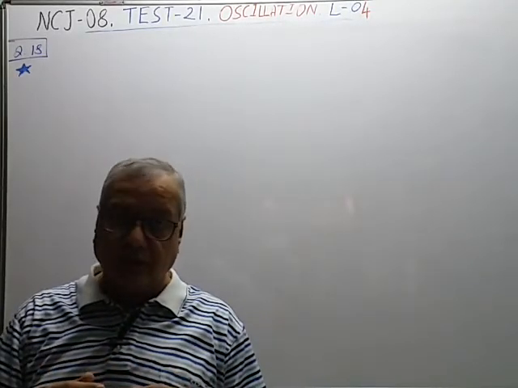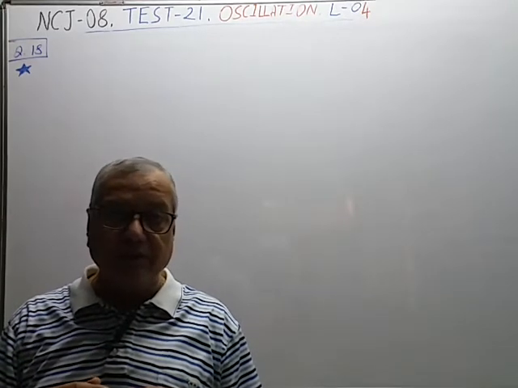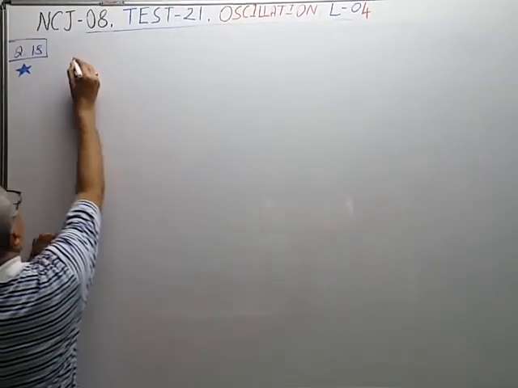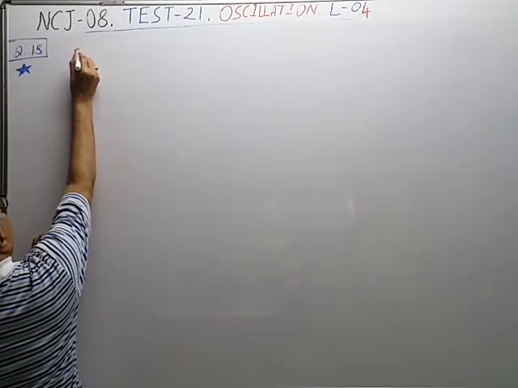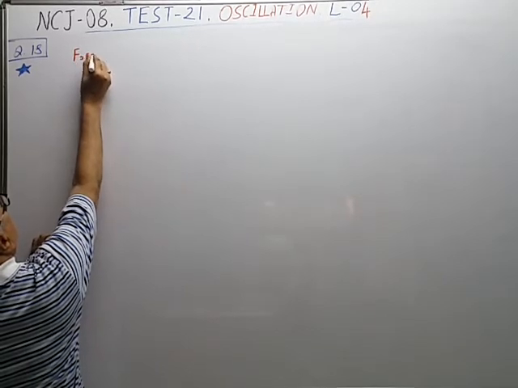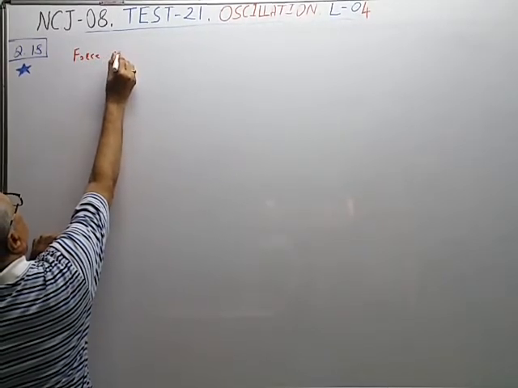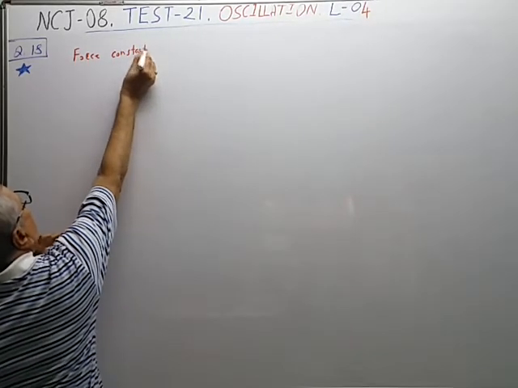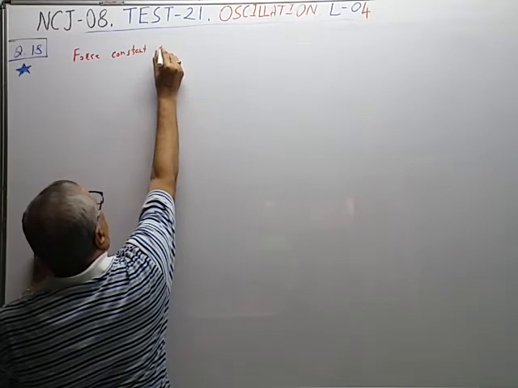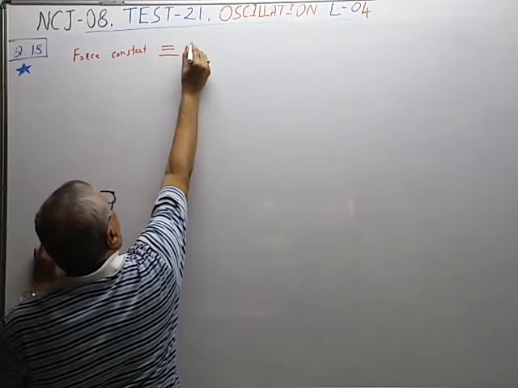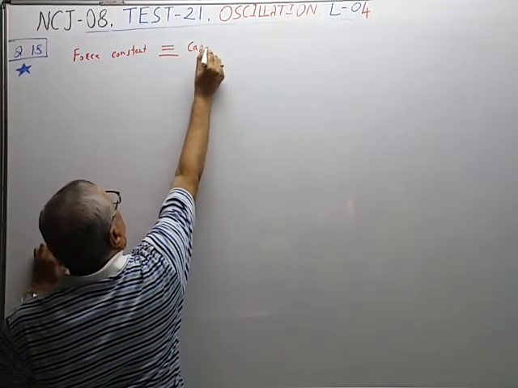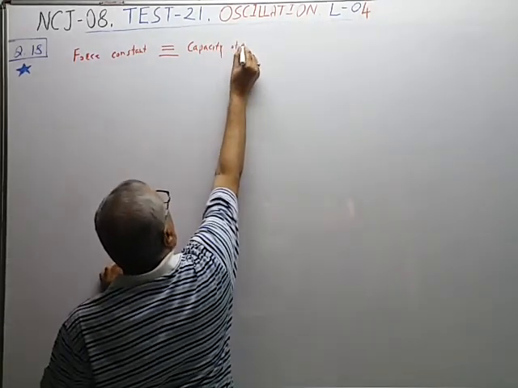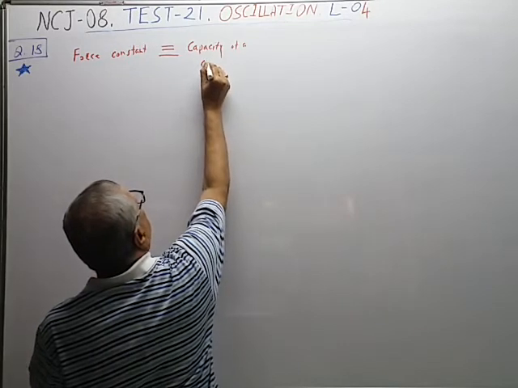So the simple rule, I will prove it afterward. The simple rule is this. Force constant K is equivalent to capacity of a conductor or condenser.